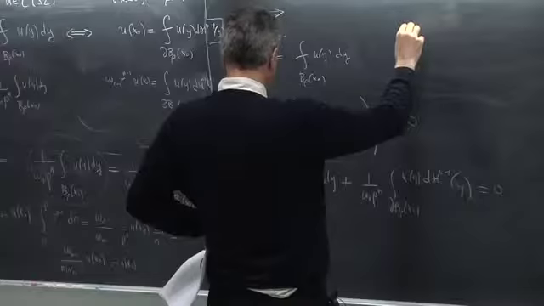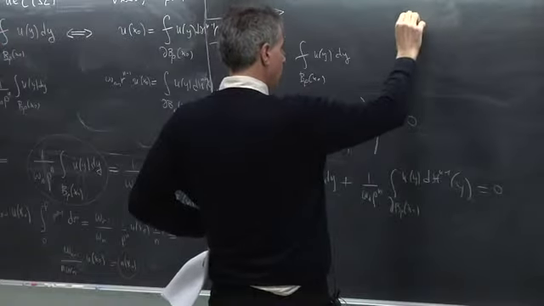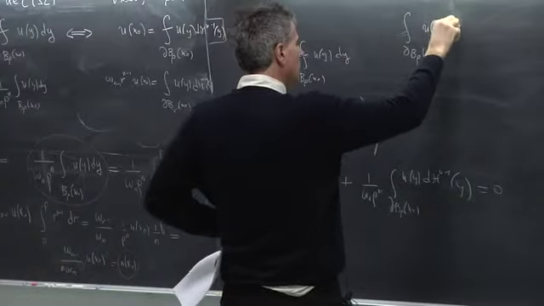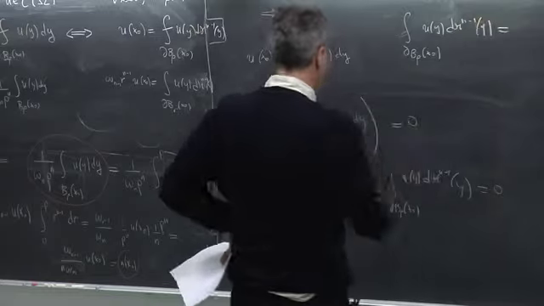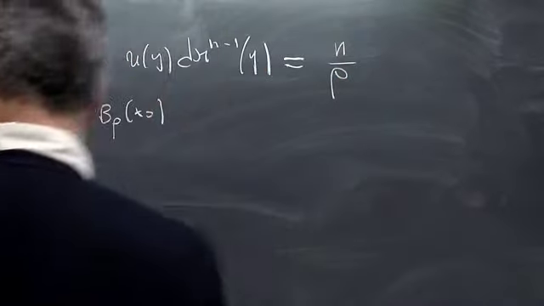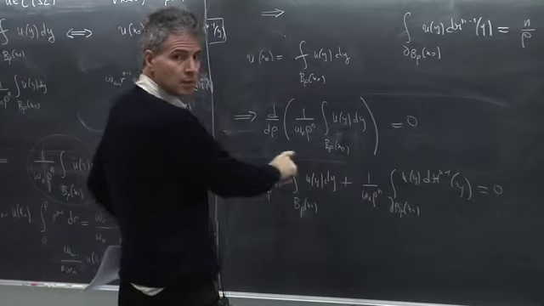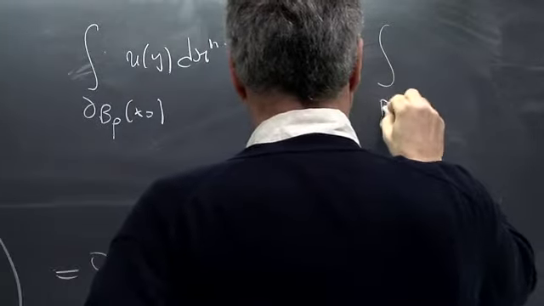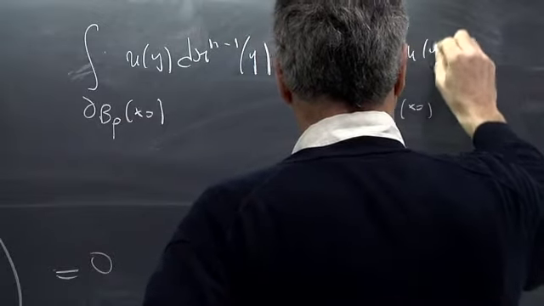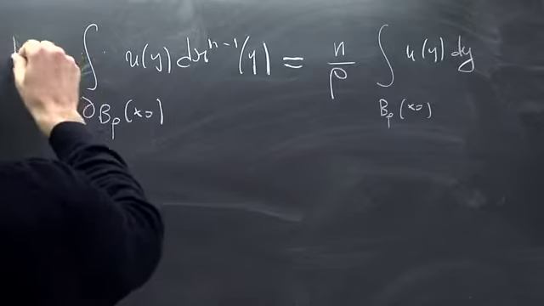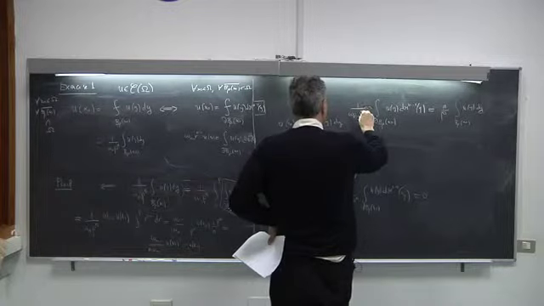So let me write it as follows. I find that the integral over the boundary of B rho of u of y is equal to n over rho times this integral. Okay? And this should be all, because now I divide by omega n minus 1 rho to the n minus 1.